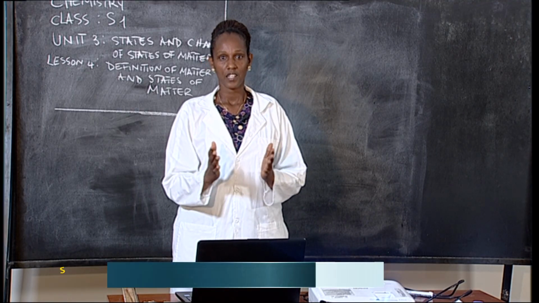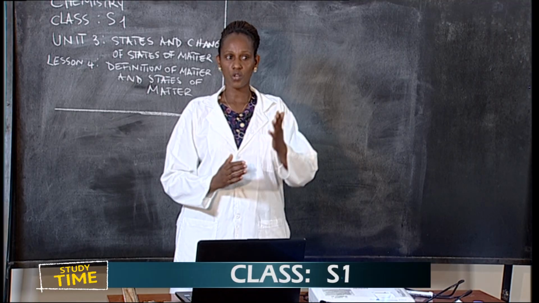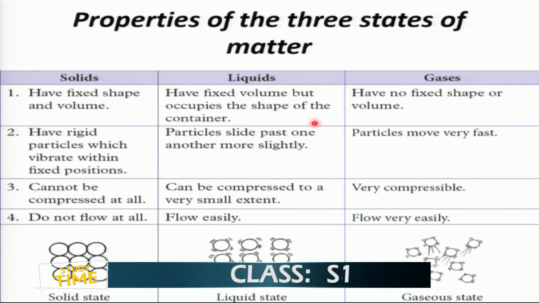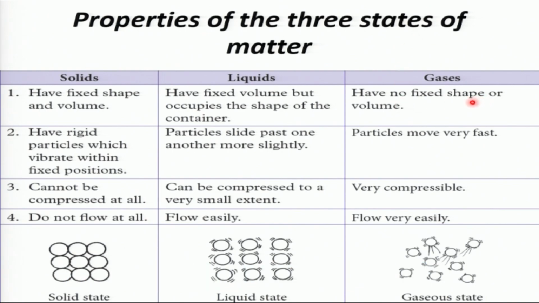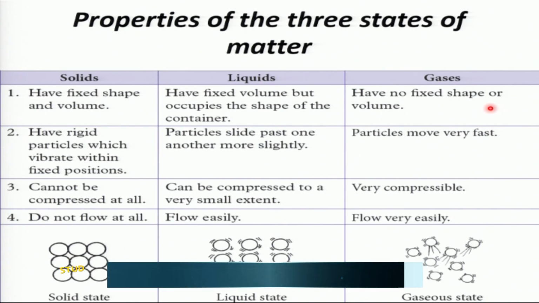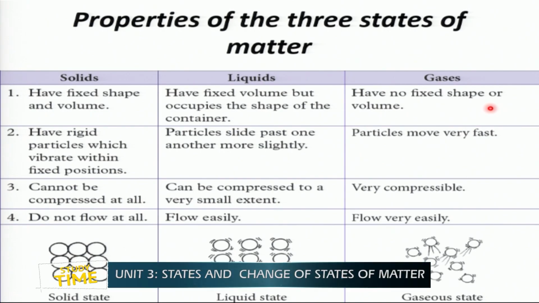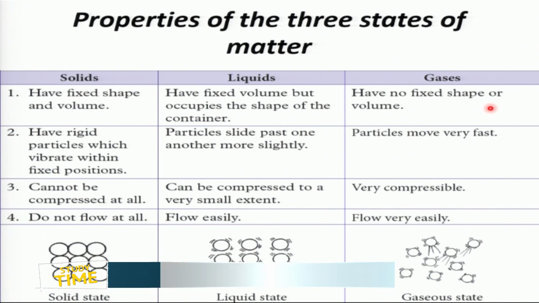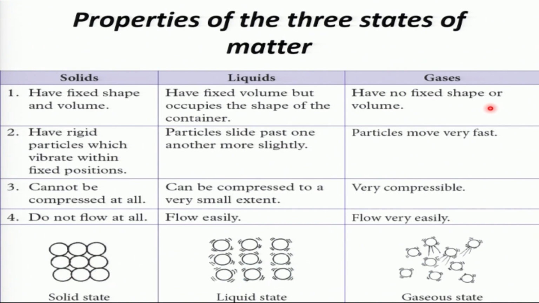All right? Look at the gas now. Talk of the volume and the shape for gases. Gases don't have a fixed shape, nor do they have a fixed volume. What does it mean? The gas also takes the shape of a container. But the difference with liquids is that for a liquid, you don't need to cover.